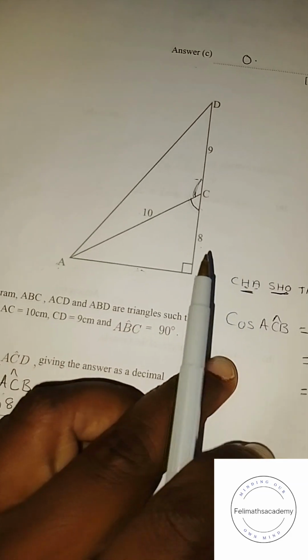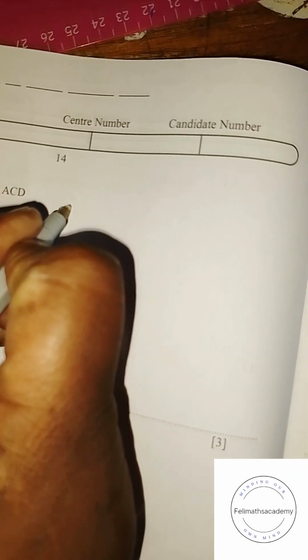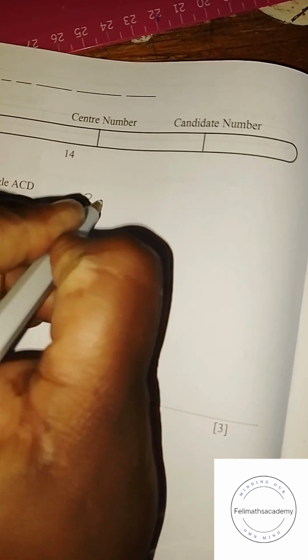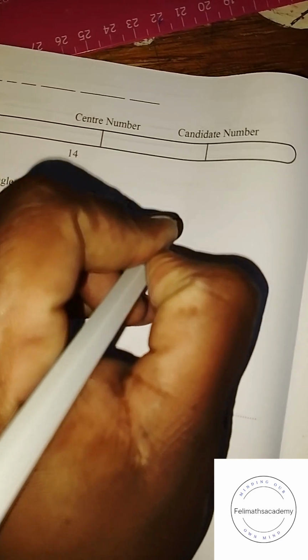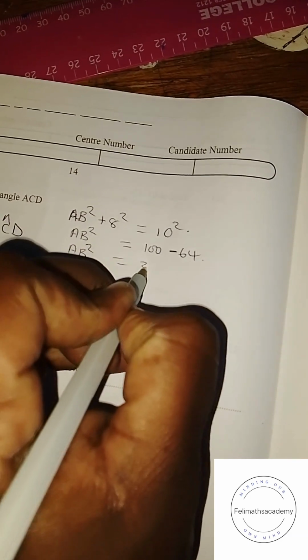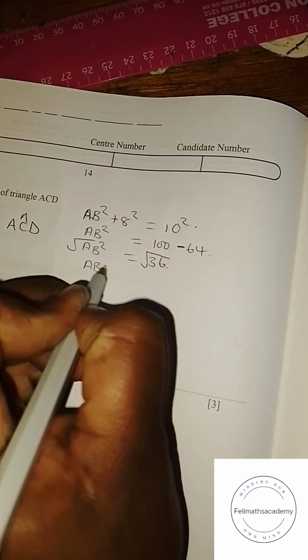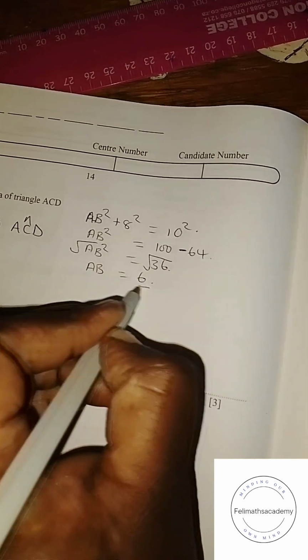By Pythagoras, AB squared plus 8 squared is equal to 10 squared. So AB squared is equal to 100 minus 64. AB squared is equal to 36. So the square root, AB becomes 6.